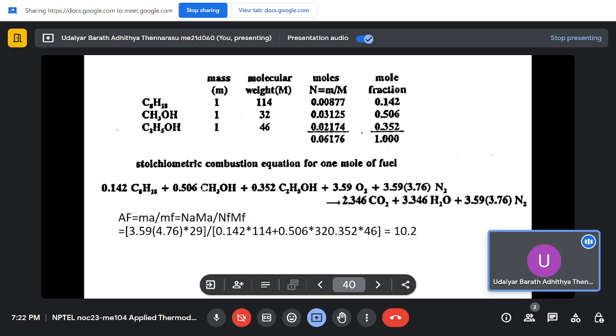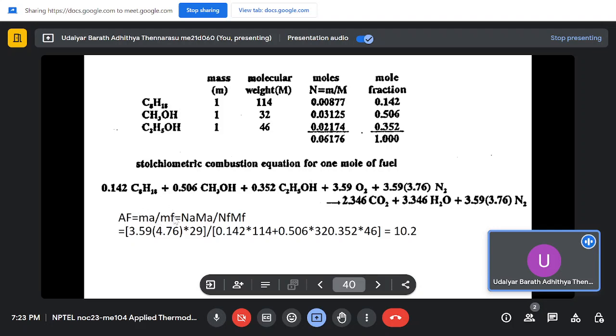That's what is written in this combustion equation: 0.142 isooctane, 0.506 methanol, 0.352 ethanol, along with some amount of air which will be combusting. It will form stoichiometric products, so everything will get converted: C to CO2, H2 to H2O, plus nitrogen. Doing a component balance, we can find the moles. For 1 mole of the fuel, we get 3.59 moles of air required.